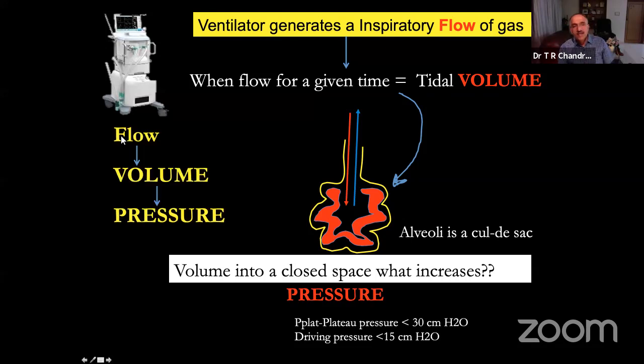So there are three components now. Flow in the context of time becomes volume. Volume into a closed space becomes pressure. So in the end, what you have to understand is, when a flow starts from a ventilator, becomes volume, and gets into the alveoli, three components are generated: flow, volume, and pressure.